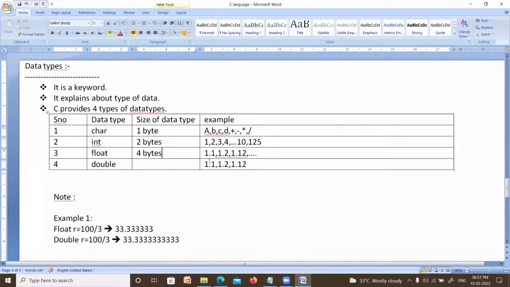The double data type maintains 10 precisions. So this is about data types. How many data types are there in C language? 4 types of data types are there.